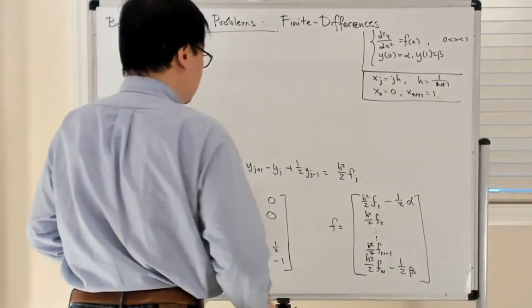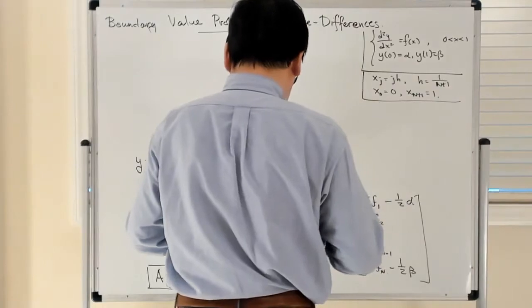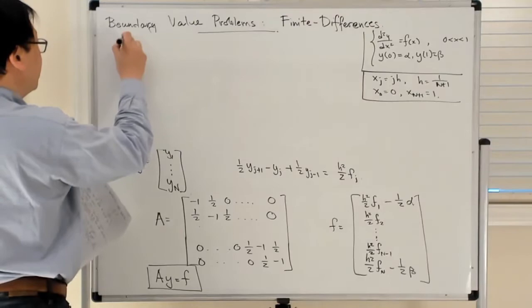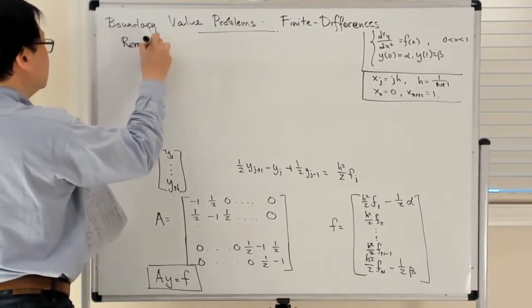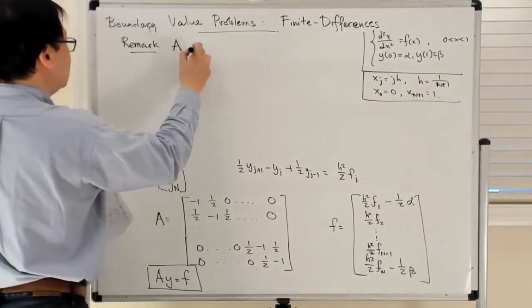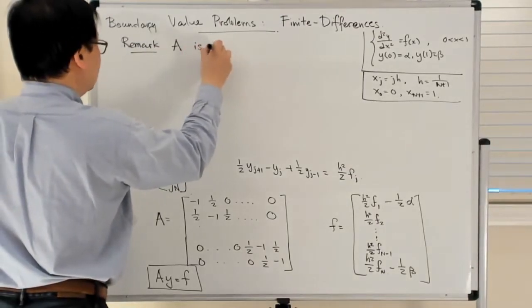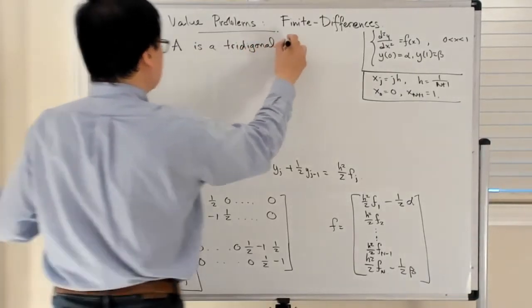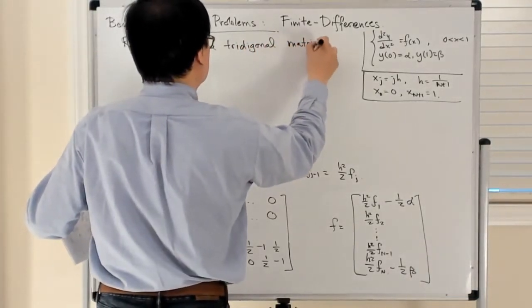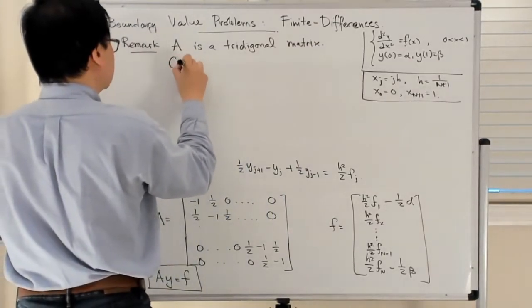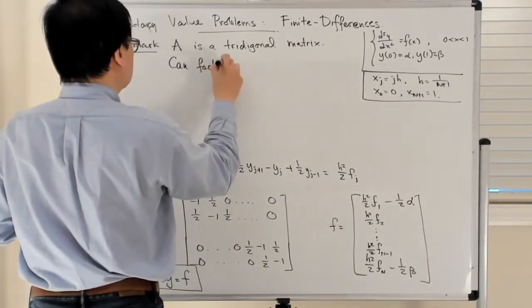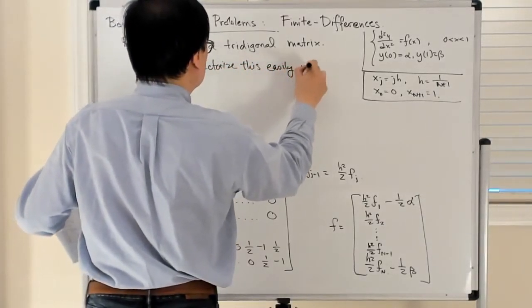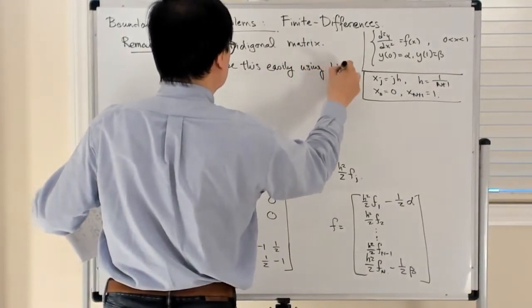So anyway, the remark is that this matrix A is a tridiagonal matrix. So you can factorize this easily using LU.